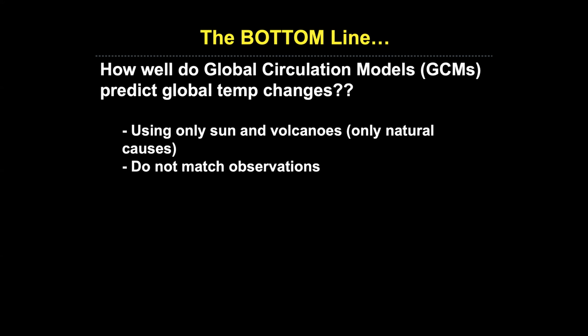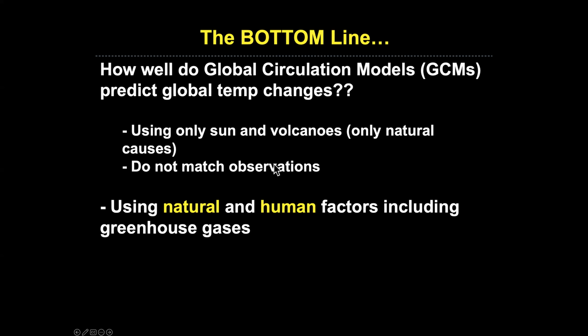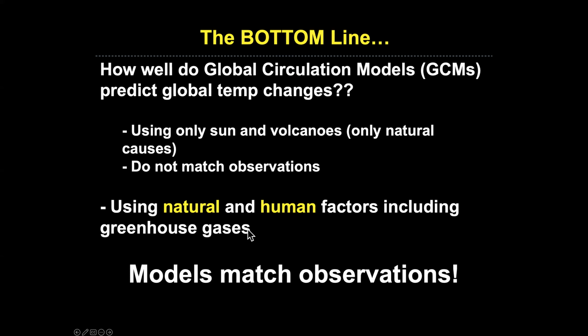So the bottom line is how well the global circulation models predict temperature changes. Again, using only the sun and volcanoes, they do not match observations. Using natural and human factors, including greenhouse gases, models match what we actually see.